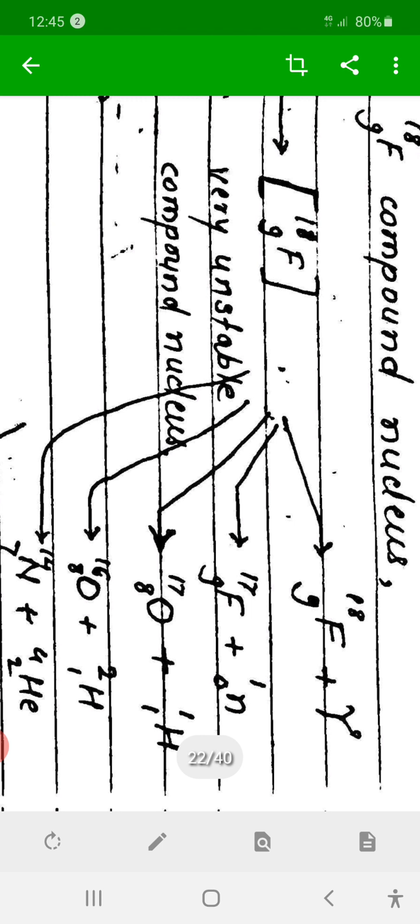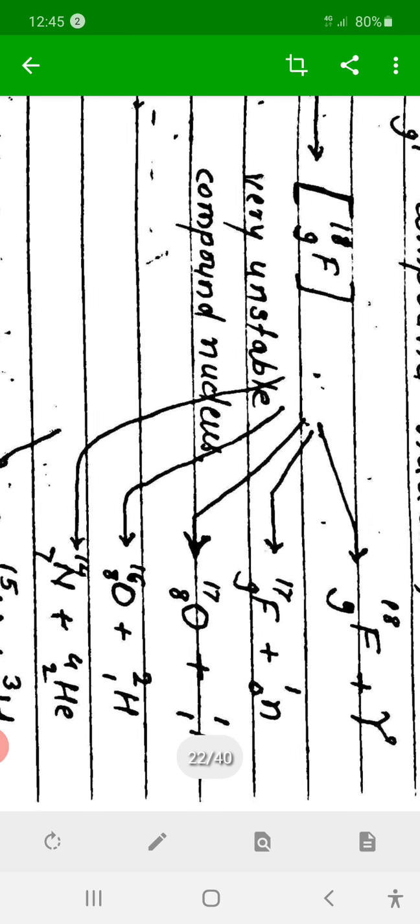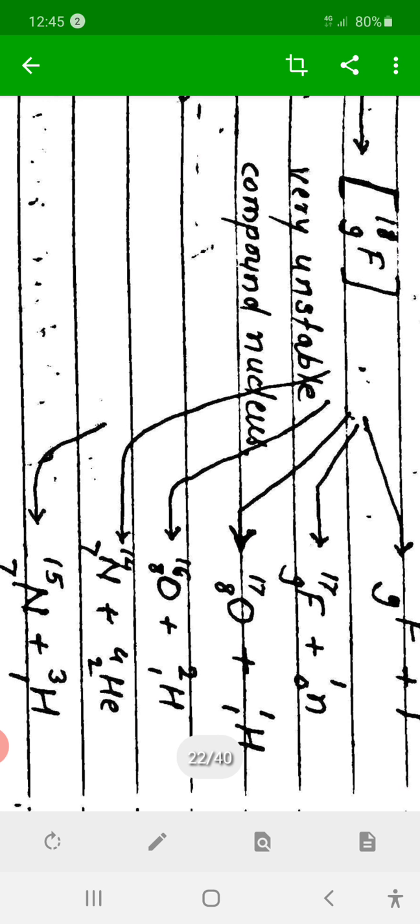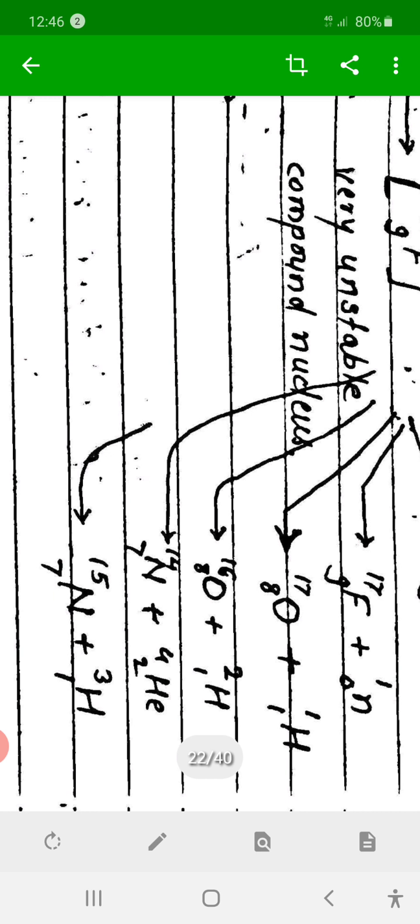That is, here 9F18 and there also 9F18. Then the second way: the compound nucleus may be converted into fluorine-17 (9F17) with loss of one highly energetic neutron, 0n1. Another way: it may be converted into oxygen-17 (8O17) with loss of a proton, 1H1. By another way, it may be converted into oxygen-16 (8O16) with loss of 1H2, that is deuterium, an isotope of hydrogen.